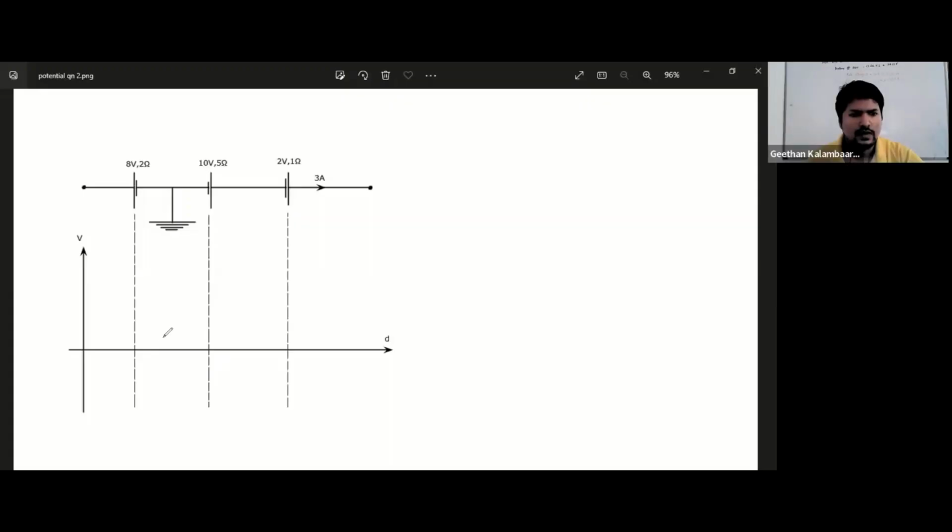So we have 0 here. Now we'll go to the left hand side. Zero current is going towards this side. The 3 amperes current we know goes from higher to lower potentials through a resistor. It's a 2 ohm resistor, so its potential difference is 6.